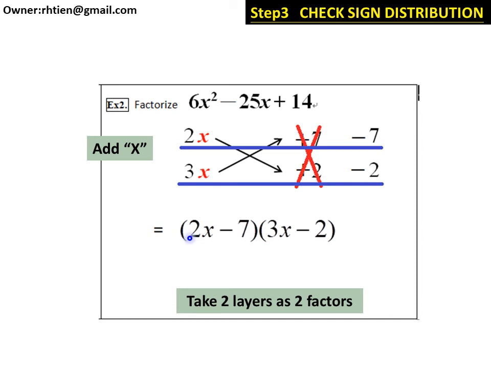We write two sets of parentheses multiplied together, and fill the first vector in, 2x minus 7, and 3x minus 2 as the second vector. Okay, example 2 is over.